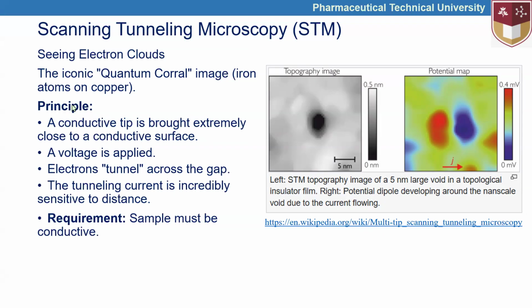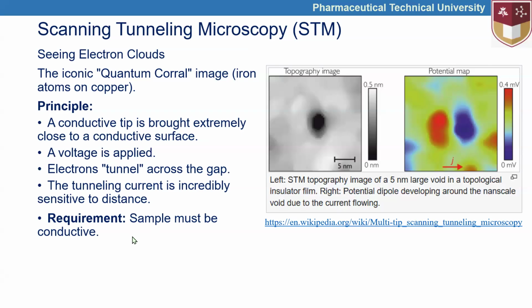And the principle is that a conductive tip is brought extremely close to a conductive surface, a voltage is applied, and electrons tunnel across the gap. The tunneling current is incredibly sensitive to distance, and the requirement is that samples must be conductive.